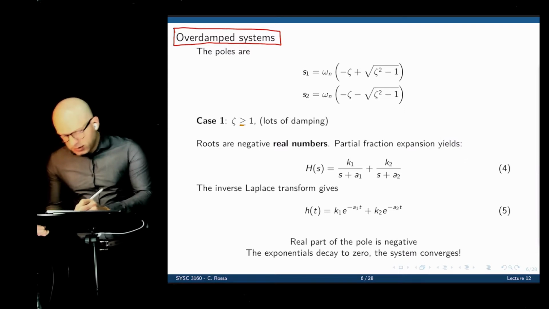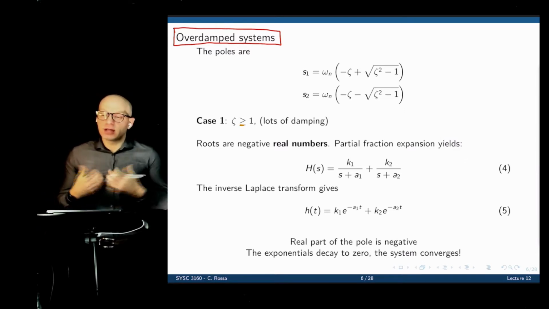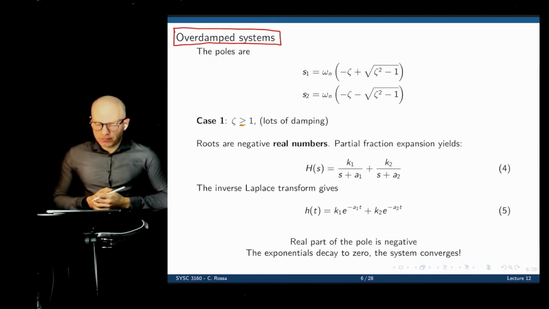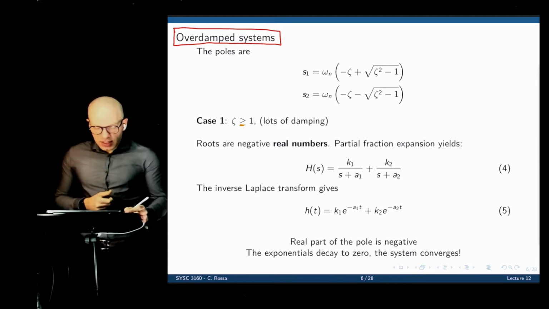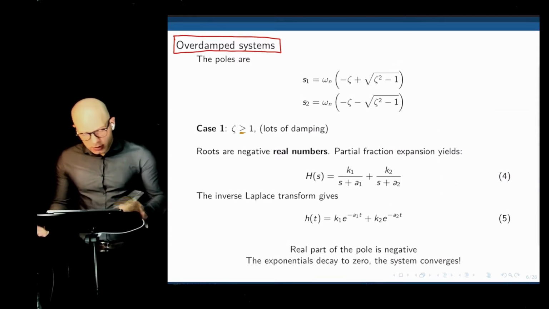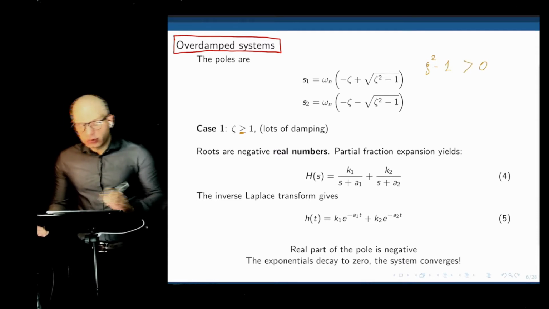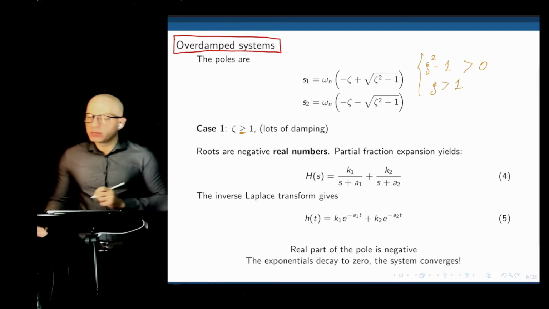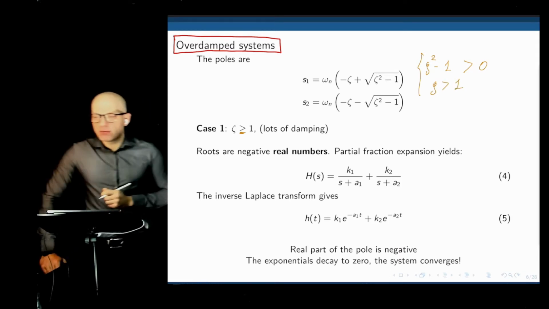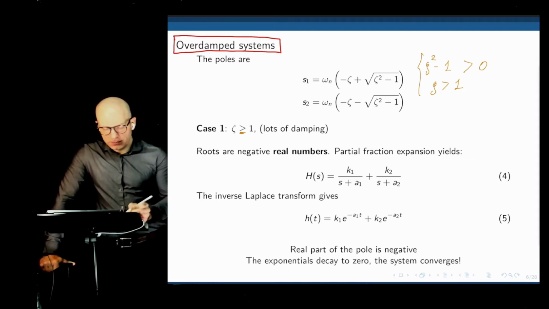So zeta is greater than 1, which means in practice there's a lot of damping happening in the system. If that is the case, then what happens to our roots? We'll see that zeta squared minus 1 is greater than 0 when zeta is greater than 1. Is this clear? If zeta is greater than 1, then zeta squared minus 1 is greater than 0.